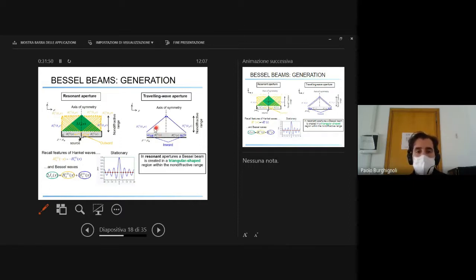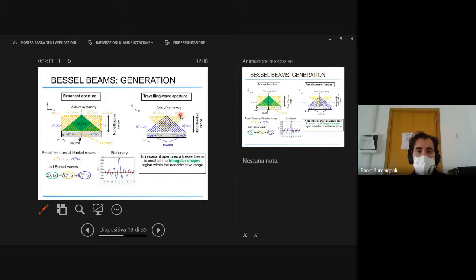Indeed, if you have only an inward Hankel function and inward rays emitting from this aperture, when these rays traverse the axis of symmetry, they switch their behavior from an inward character to an outward character when seen from the other side.